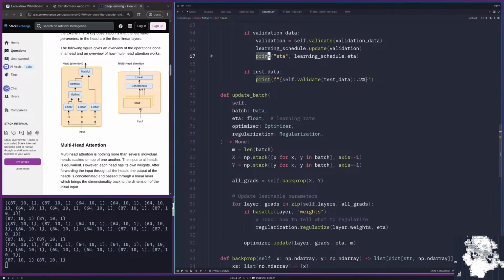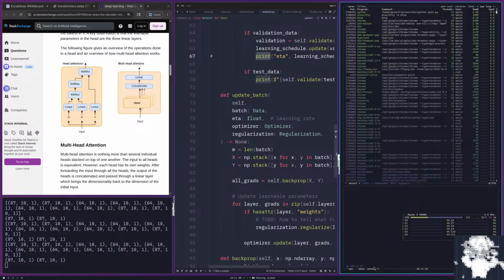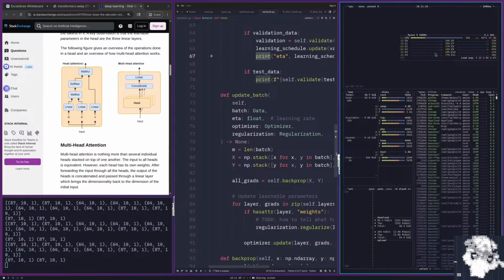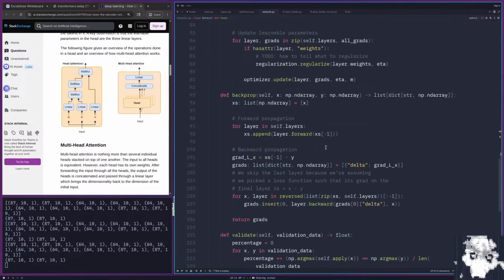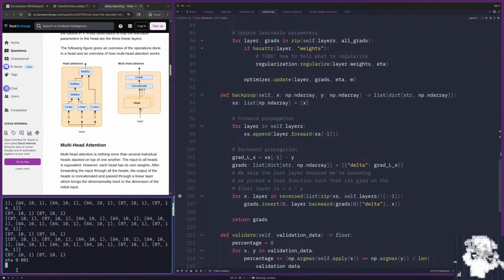What is it doing right now? Is it using my CPU? No. Did we find a new infinite loop? Oh. Well, that's weird.